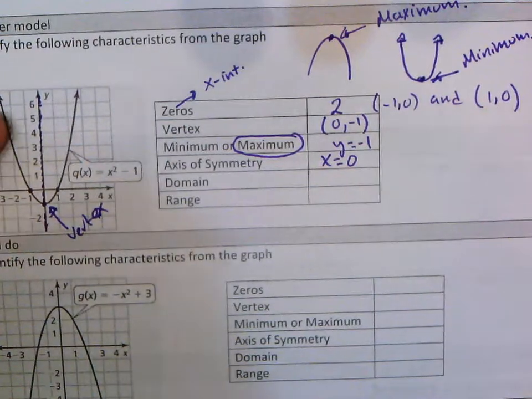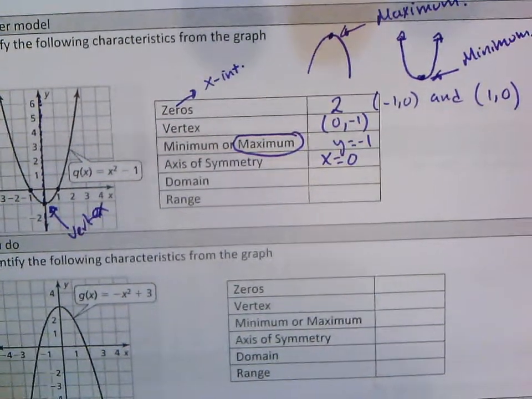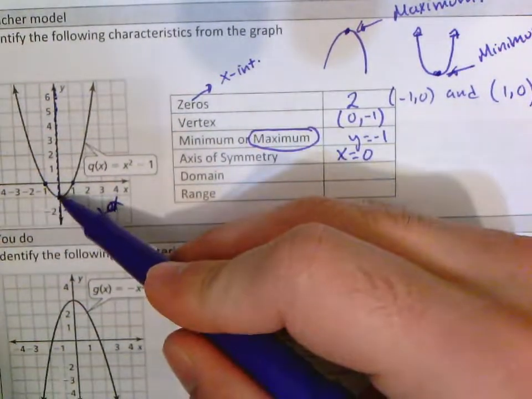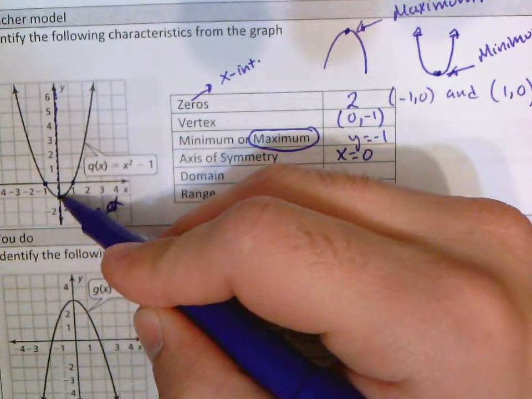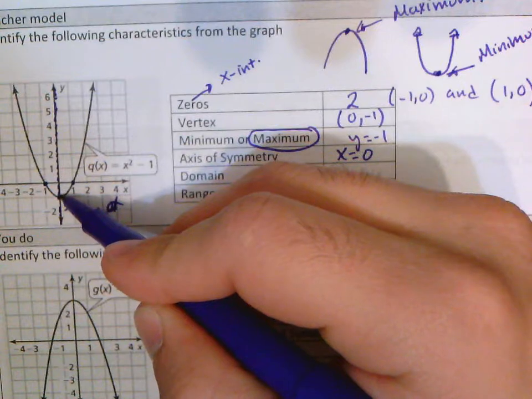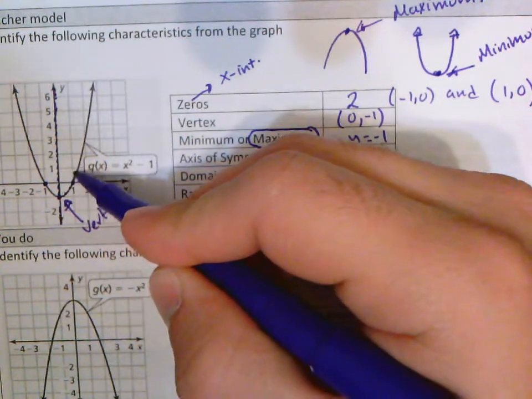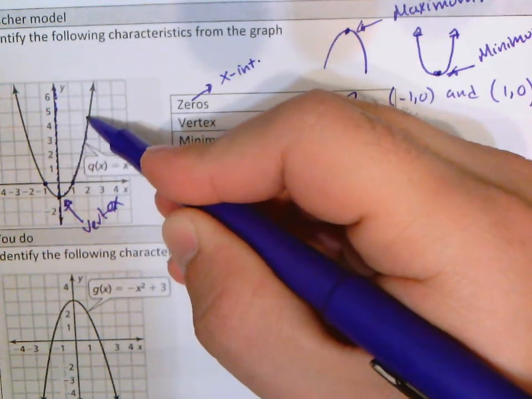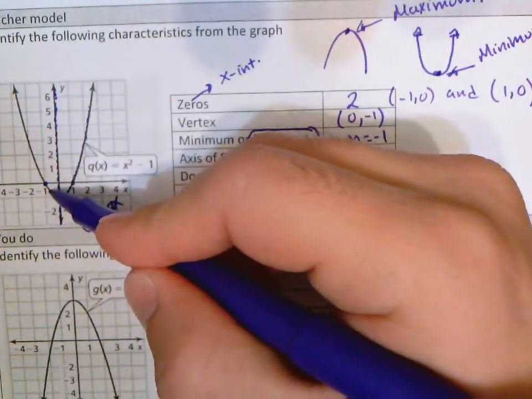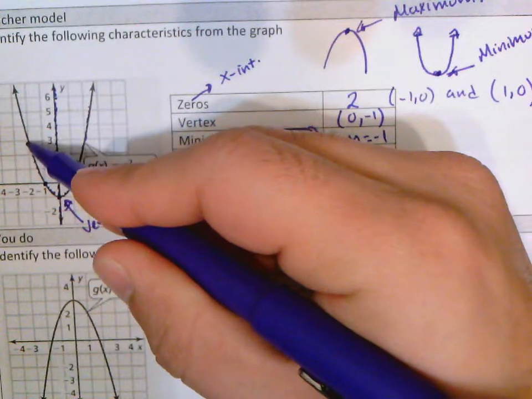The domain is all possible values of x from the graph. This graph is composed of millions and trillions and infinite numbers of points. Because they're so close together, we just see a continuous line.